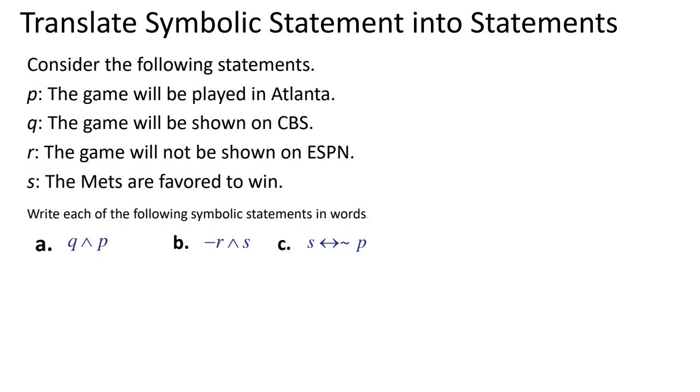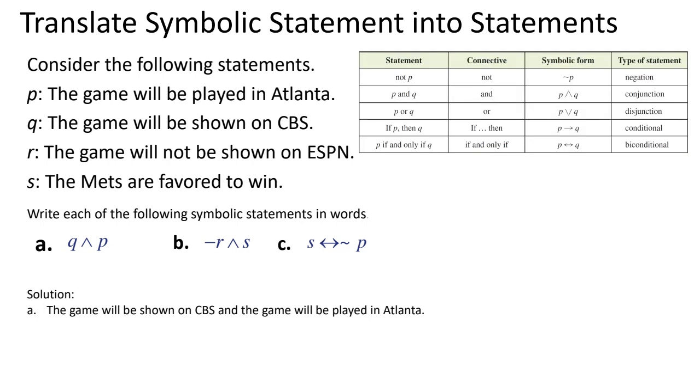The way that I will write it down, I will look at what the meaning of Q is, which is the game will be shown on CBS, and next, whatever P is, the game will be played in Atlanta. So that's exactly the answer that we have.